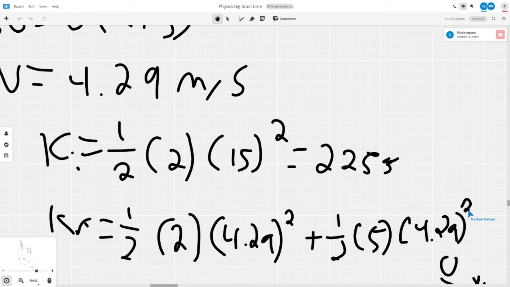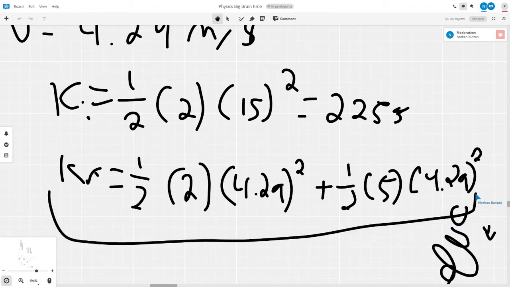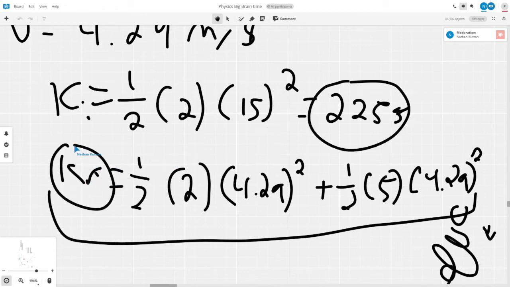And when you do that out, you get... I don't think my calculator is doing order of operations. But anyway, the point is you would solve this part here for the final kinetic energy. And then you just take 225 up here minus whatever answer you get for this, and that's going to give you your change in kinetic energy. And that will be the answer.